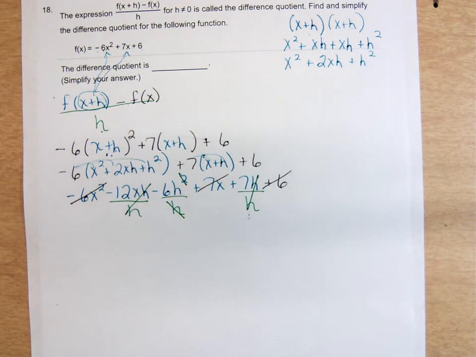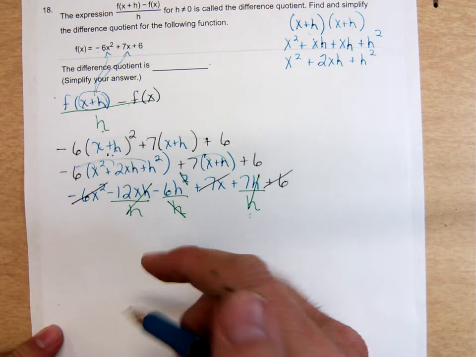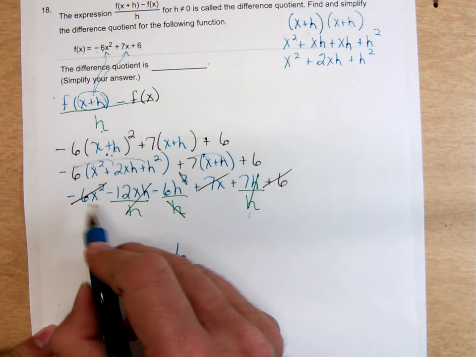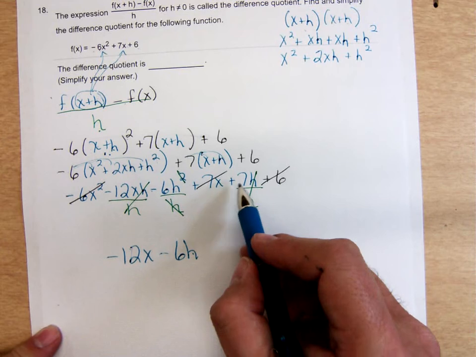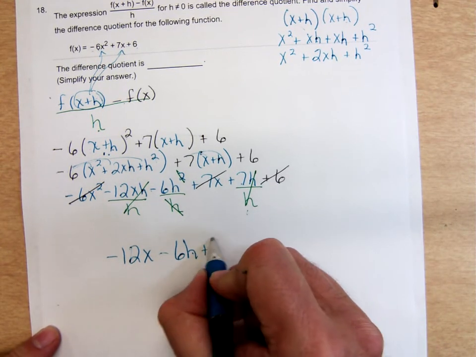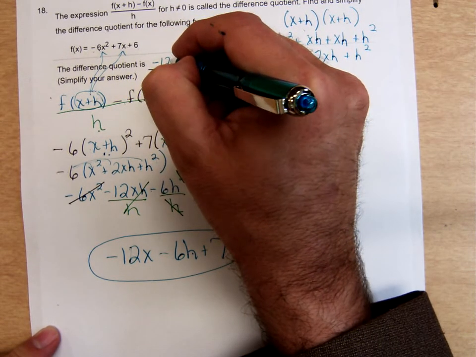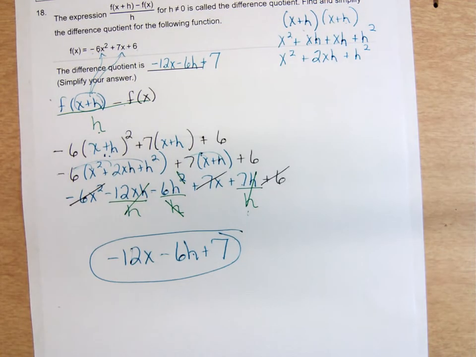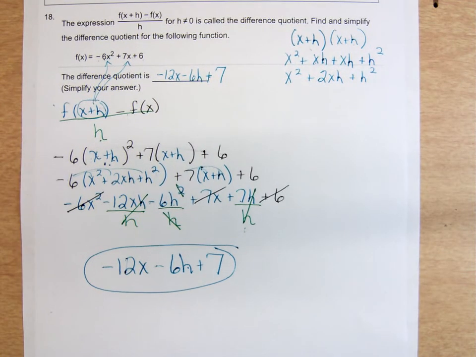We have a blue negative 12x, a blue minus 6, and a minus 6h, and a plus 7. This is certainly messy, isn't it? Oh, well, write it up here. Negative 12x minus 6h plus 7. Okay. Any questions there?